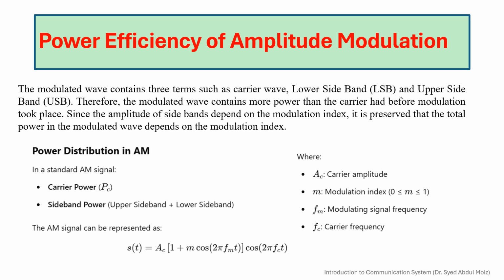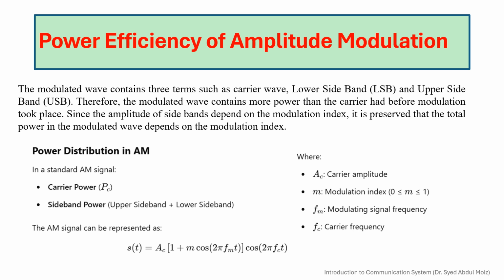The LSB and USB are generated as a result of the modulation process, which involves combining the carrier wave with the message signal. These sidebands represent the frequencies that carry the actual information content of the signal. Because the sidebands add additional energy to the waveform, the total power of the modulated wave becomes greater than the power of the original carrier wave.